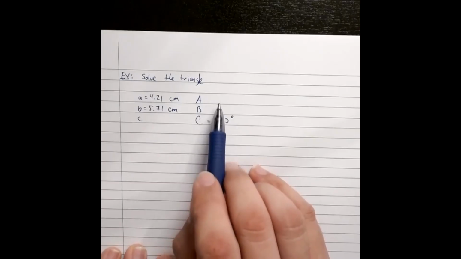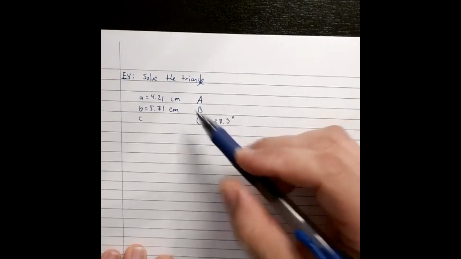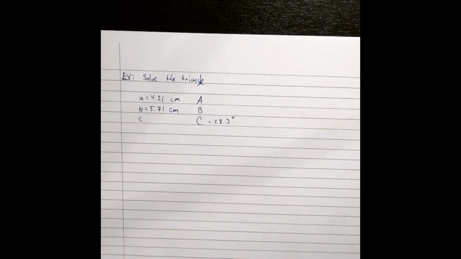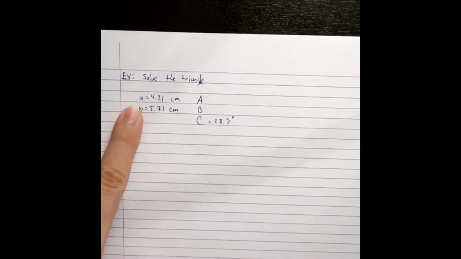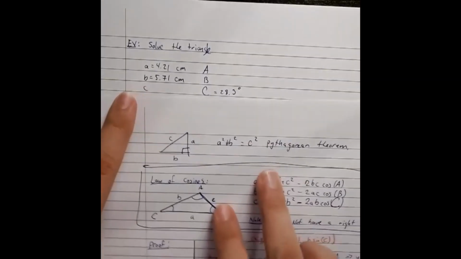If we had two, we could use them to figure out the third one because they have to add up to 180, but just one is not enough. So we can't use the law of sines, nor can we figure out any of the remaining angles using this one. But notice here we have what's given to us by one version of the law of cosines.